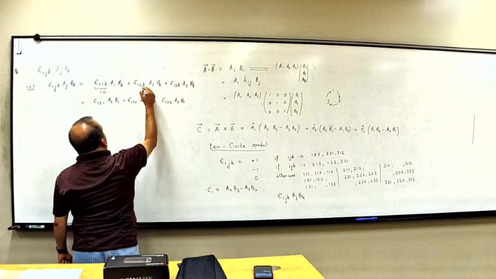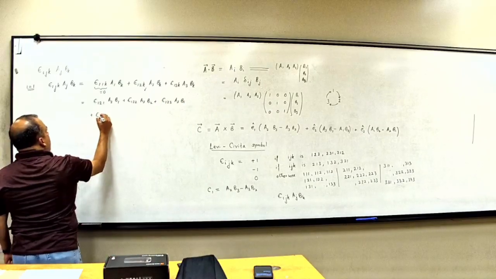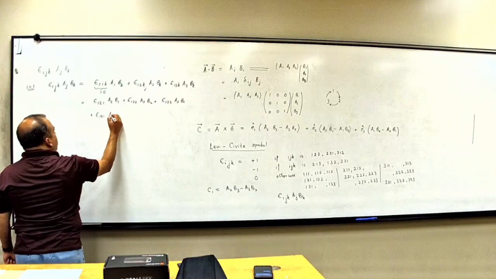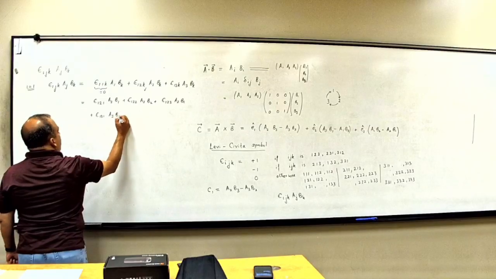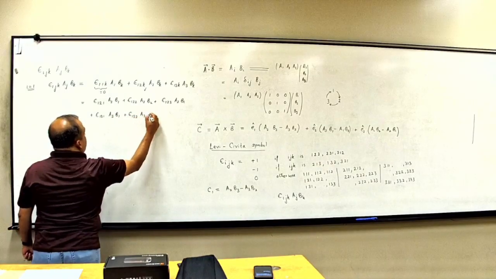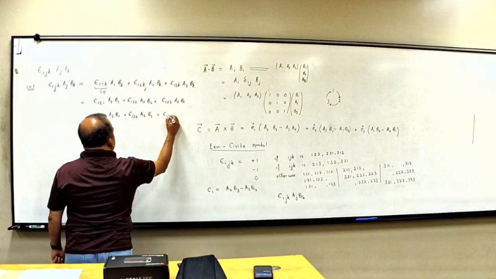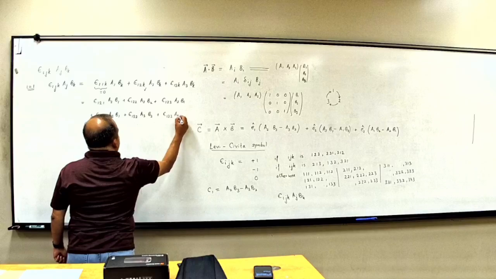So this is expanding this, right? I'm now working on this, and next is this. So this is 1 3 1 a3 b1 plus 1 3 2 a3 b2 plus epsilon 1 3 3 a3 b3.